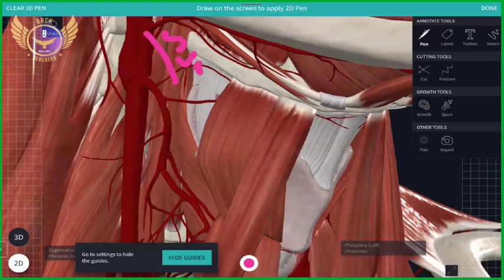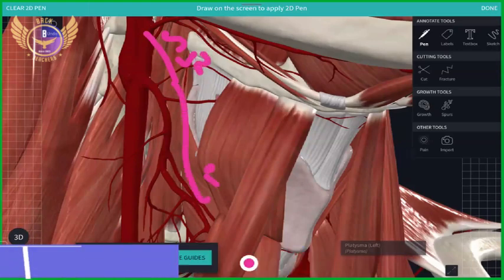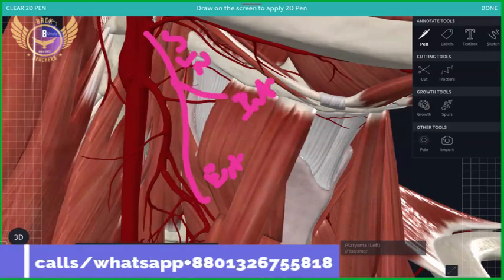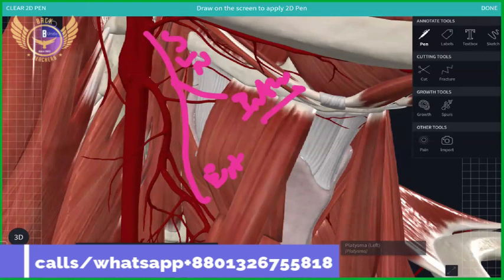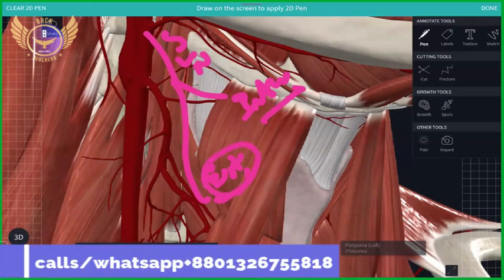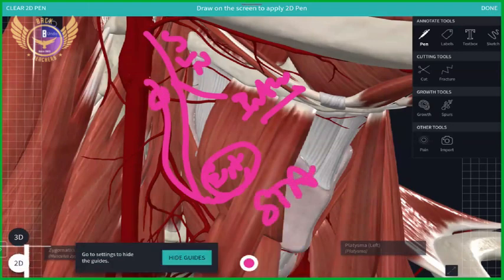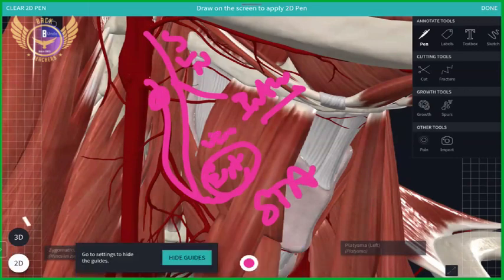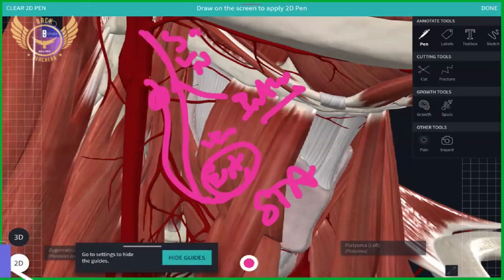The superior laryngeal nerve gives two branches, one is external laryngeal and one is internal laryngeal. Remember, external laryngeal and internal laryngeal. See, the external laryngeal is the closest to the superior thyroid artery. So during ligation, the most commonly injured nerve is this one. Second most common, the superior laryngeal nerve.